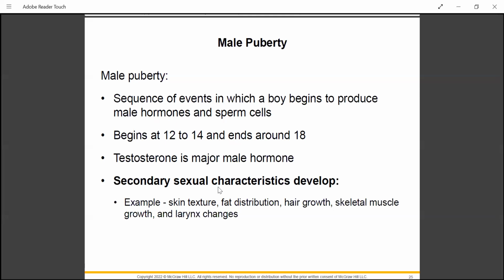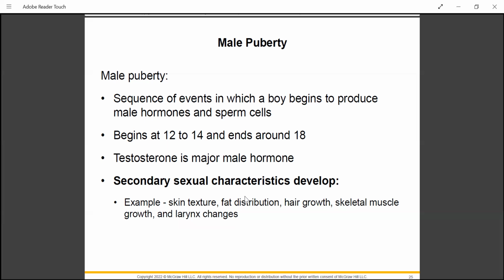This is changes in skin texture, so skin gets a bit rougher. Fat distribution changes. We get hair growth in the pubic region, the chest, armpits. You get skeletal muscle growth, so that doesn't mean necessarily that they start working out, but even without that input, muscle is going to begin to grow.